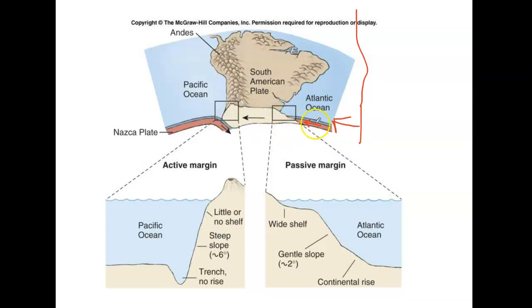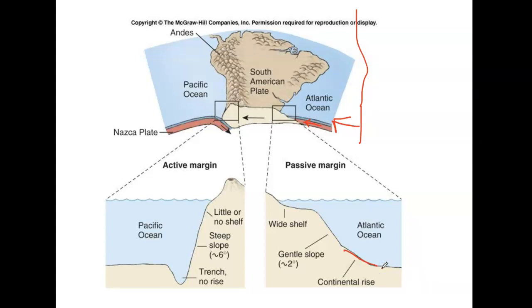So here, the oceanic plate and the continental plate are really moving in the same direction. Because of that, we end up with this nice, really wide continental shelf, a much more gentle slope in comparison to the Pacific side here. And then we have a nice and much wider continental rise here. Those are some of the differences between our passive and active margins.